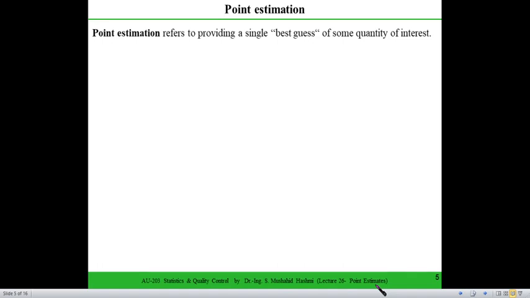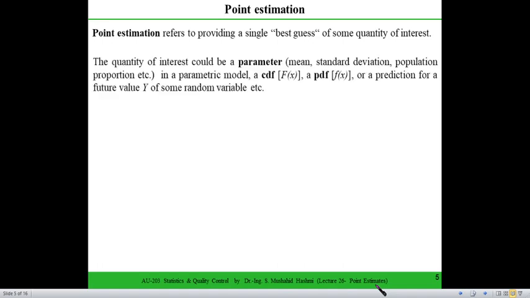And in statistical inference or predictions, the quantity of interest could be parameters, because you have a certain population and you are interested in predicting the behavior of the population from its parameters, and these parameters could be a mean, standard deviation, or a population proportion. All your parametric statistics deals with parameters, which are always about some population.